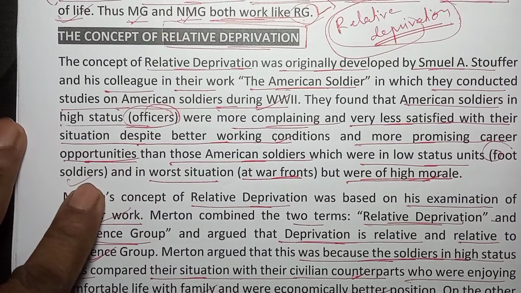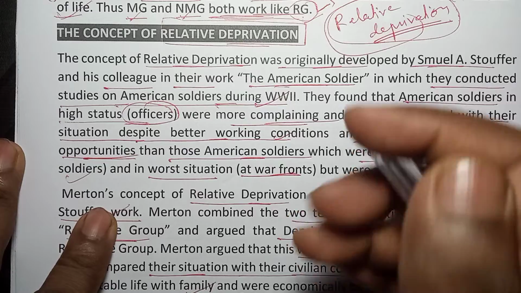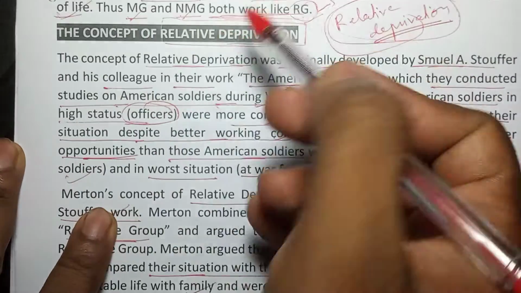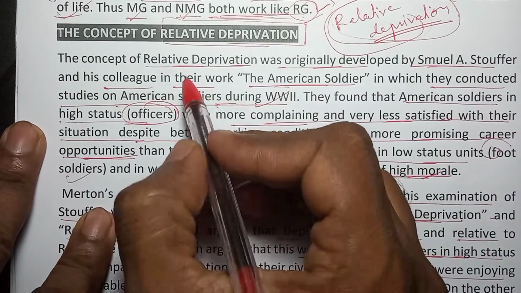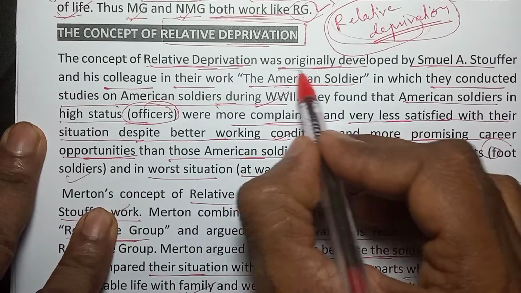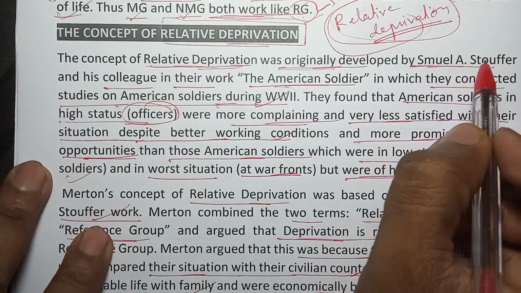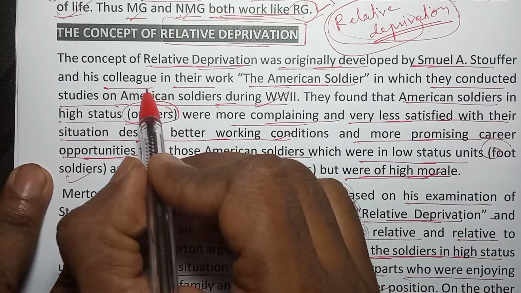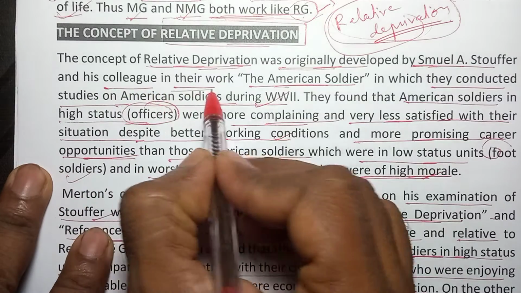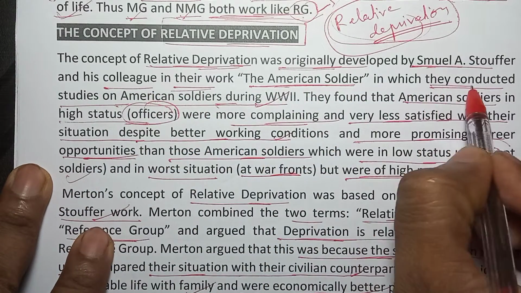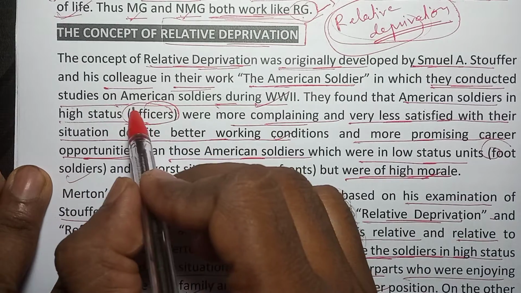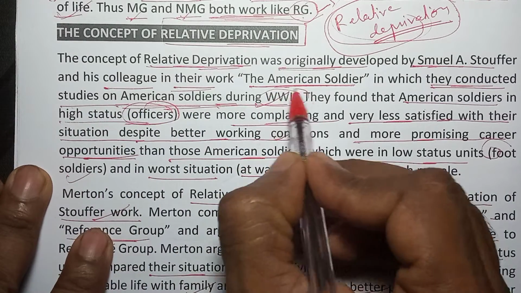Now let us see what the concept of relative deprivation is. The concept of relative deprivation was originally developed by Samuel Stouffer and his colleagues in their work The American Soldier, in which they conducted studies on American soldiers during World War II.